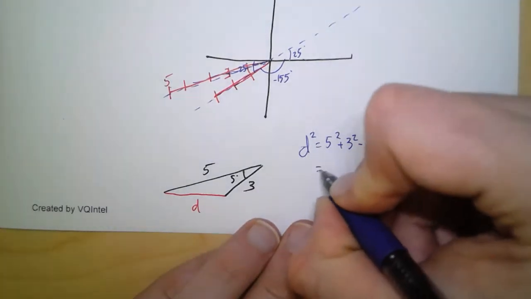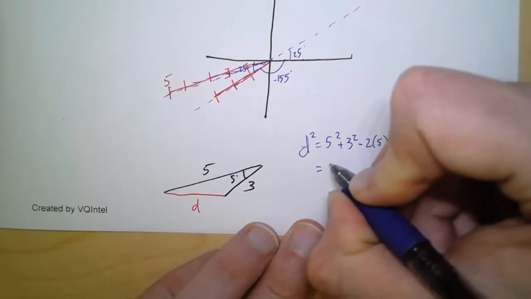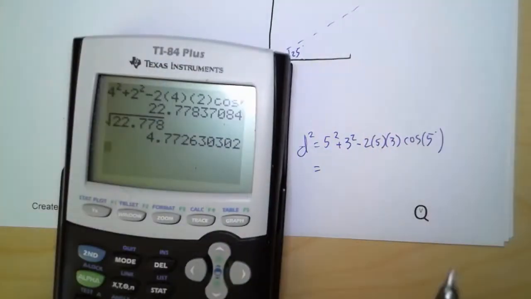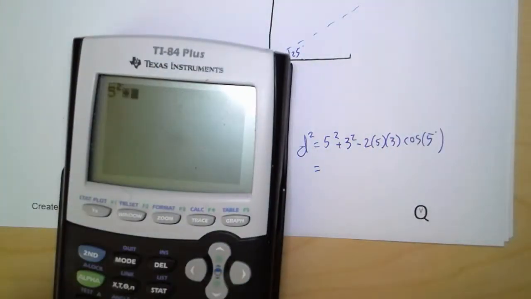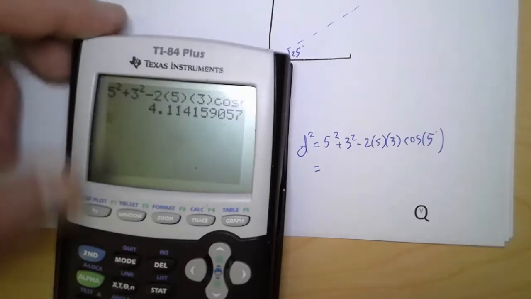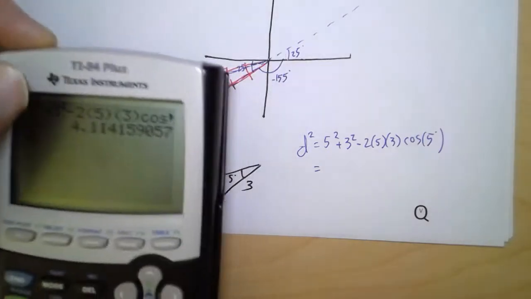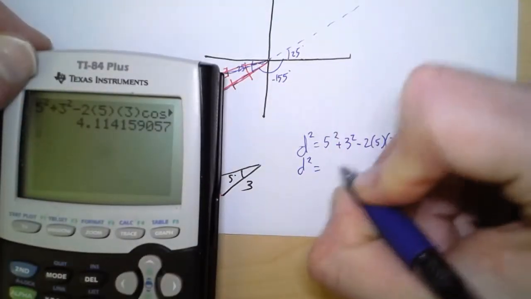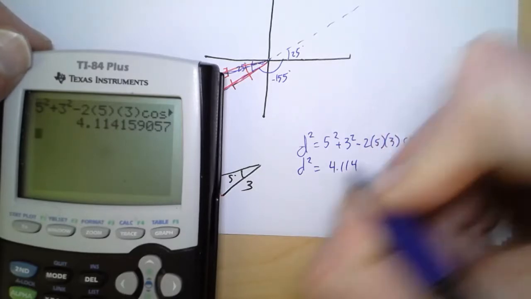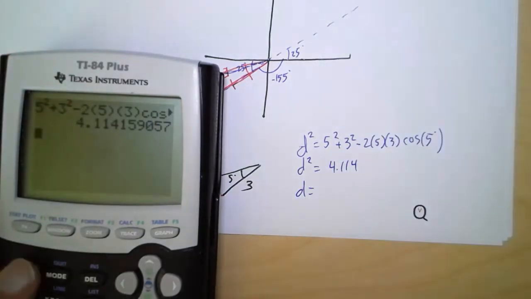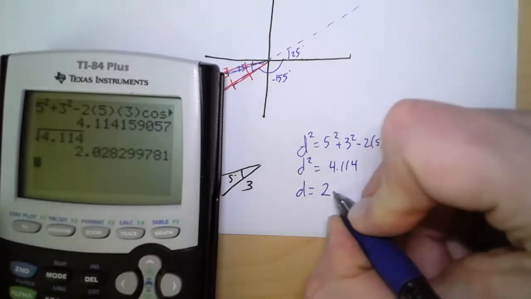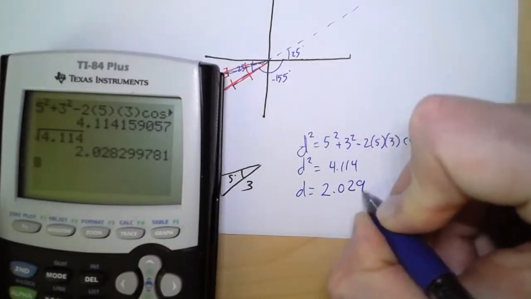So now what we get is 5 squared plus 3 squared minus 2 times 5 times 3 times cosine of 5. And yep, we're in the right mode. So d squared for this problem equals 4.114. So d is the square root of that, 4.114. And we get 2.029.